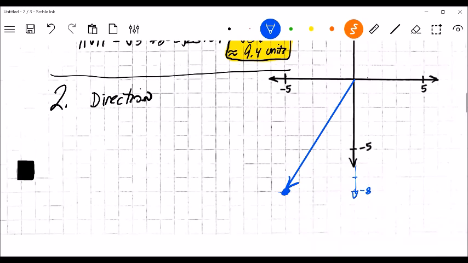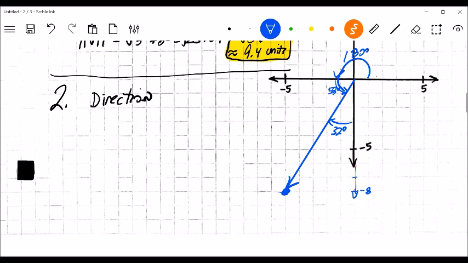So we need to think of this distance, and then we need to find this distance. So this is 180 degrees to here, plus this amount. You can use a protractor with either one of them. The protractor shows that this one is a 58 degree angle, and that this one's a 32 degree angle.